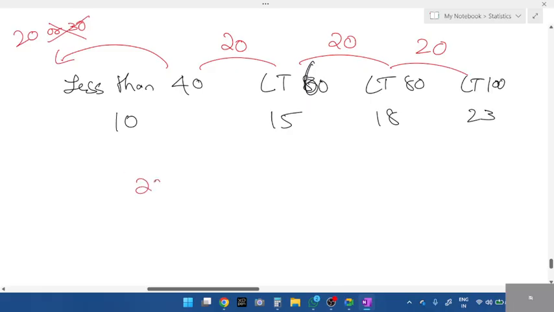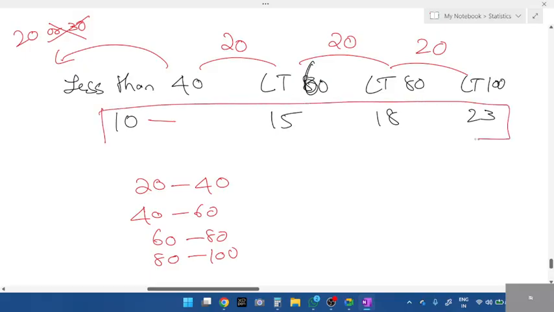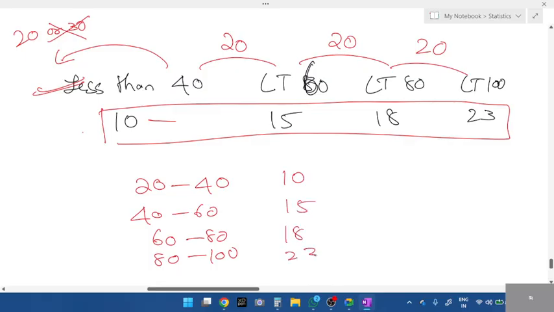So what are the values you have to take? 20 to 40, 40 to 60, 60 to 80, 80 to 100. And what about these values? Are they increasing, decreasing, or are all the values increasing? So this is cumulative frequency. Whenever less than value is given, the next one is always cumulative frequency. Is it clear?